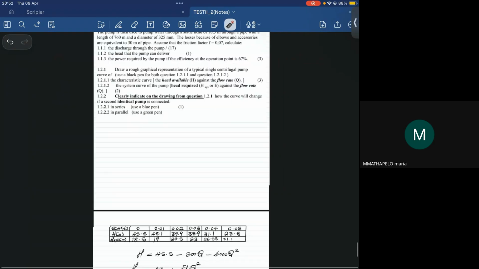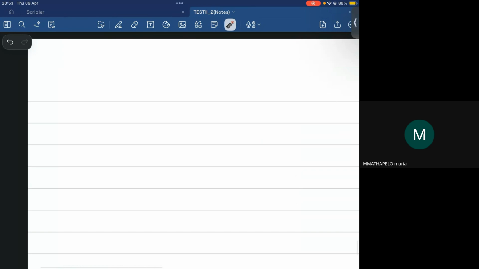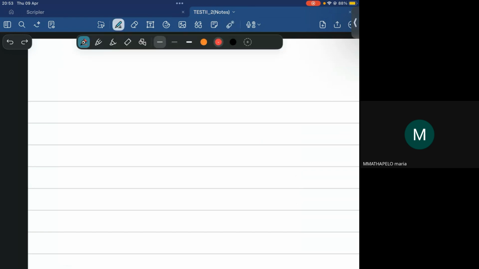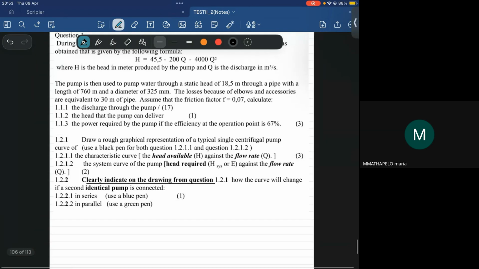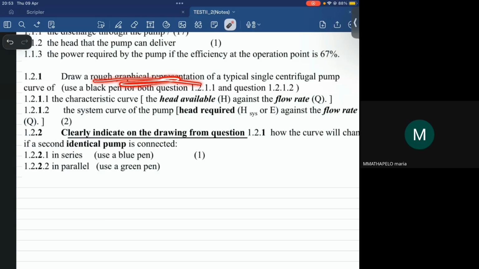So for question 1.2.1, they're saying draw a rough graphical representation of a typical single centrifugal pump curve. Here they want you to use a black pen for both question 1.2.1.1 and question 1.2.1.2.